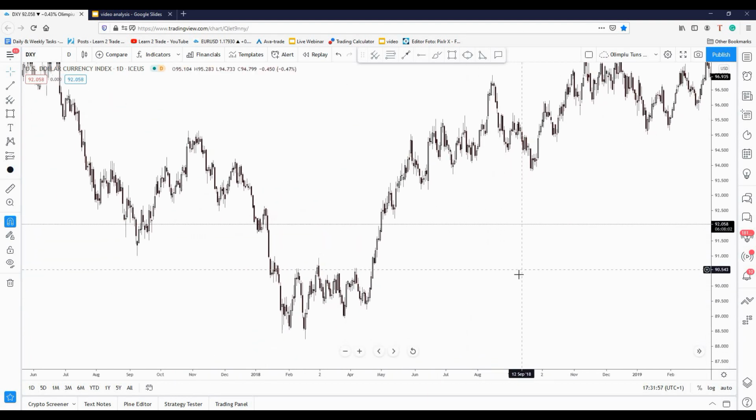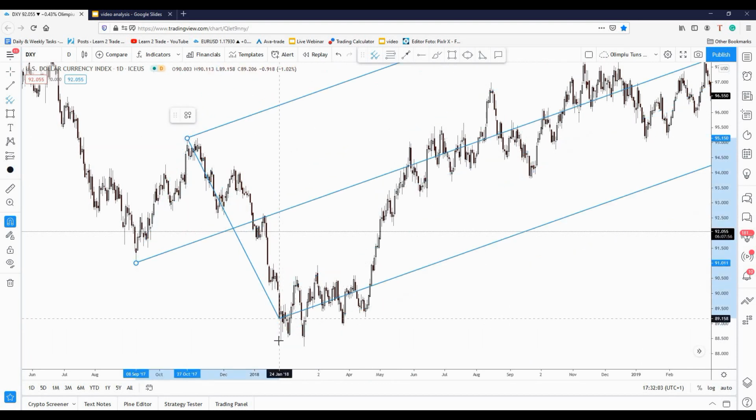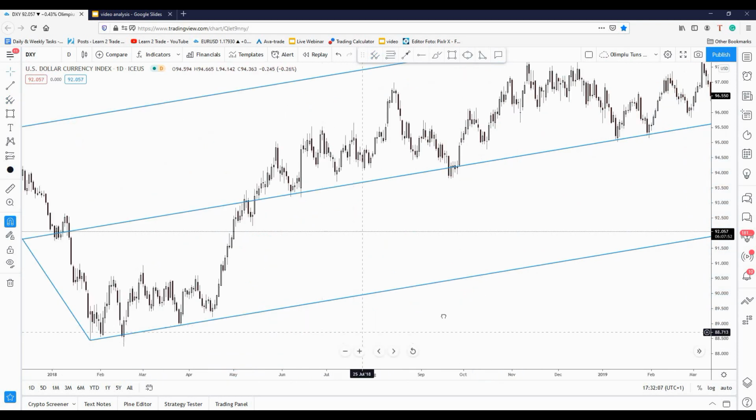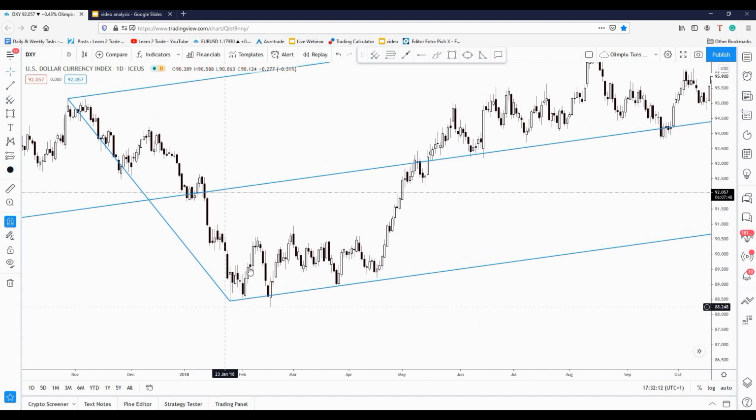Let's draw the ascending pitchfork again here. 1, 2, 3 points, and here as well.